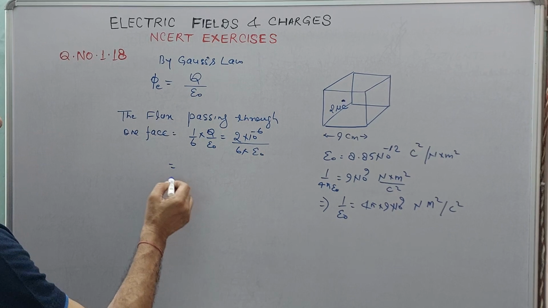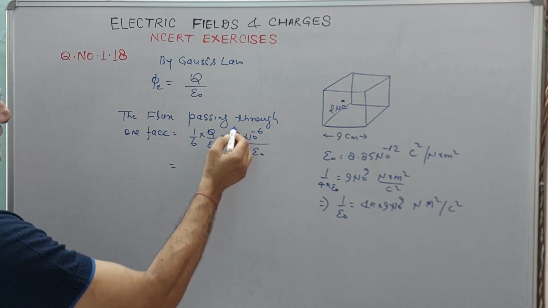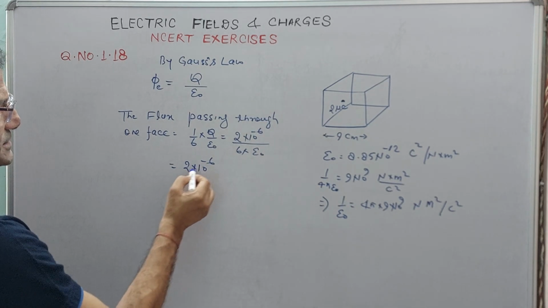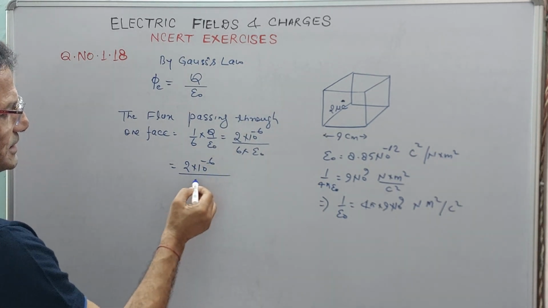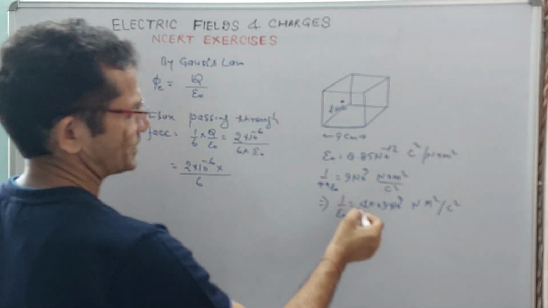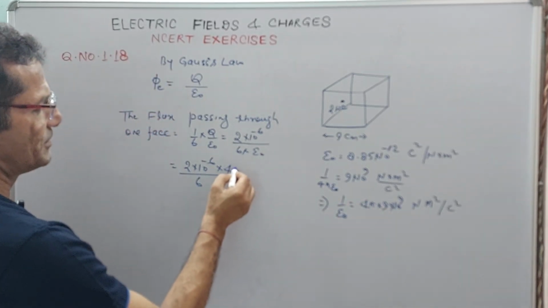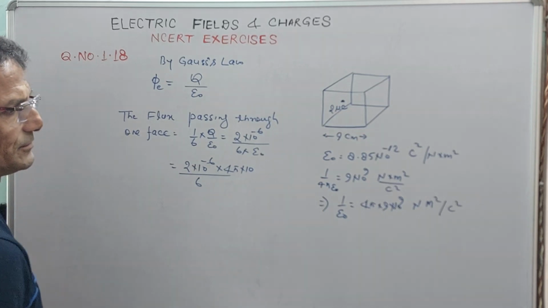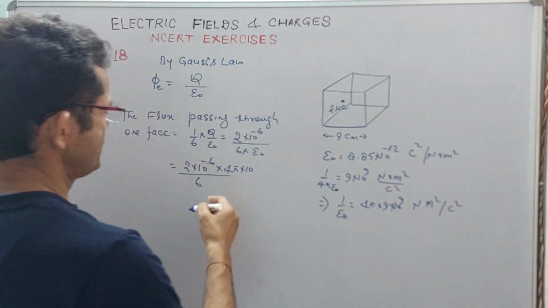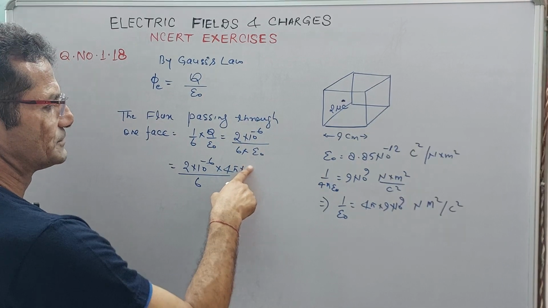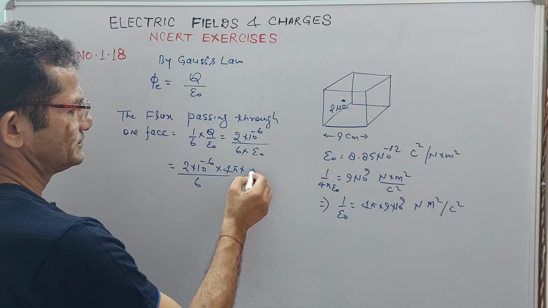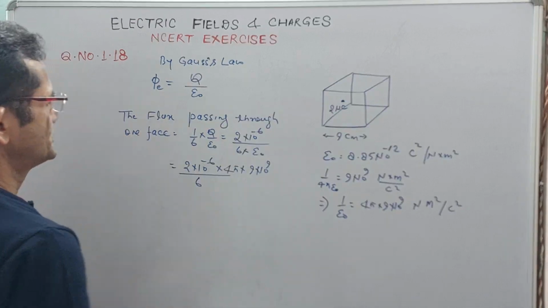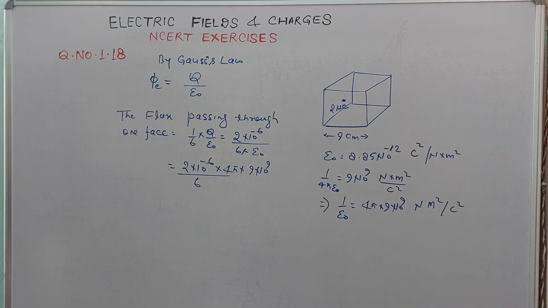So now it becomes 2 into 10 raised to the power minus 6 divided by 6, and 1 upon epsilon naught is 4 pi into 9 into 10 raised to the power 9. So this is the flux passing through one face.